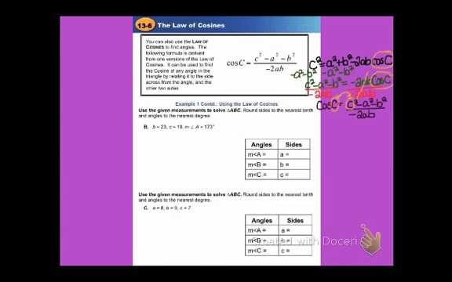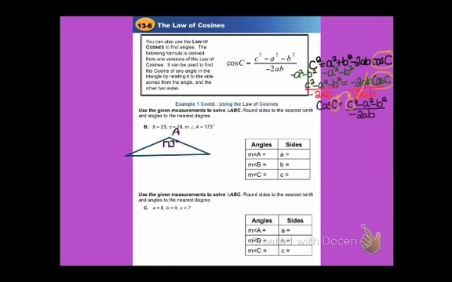So let's take a look at how we might incorporate this into a problem similar to the one we just did. Now, it's not really necessary to have a drawing to go with all of these. It might feel helpful to you if you want to draw one, just to get an idea of what everything looks like. So maybe something like this. I had to make this a really extreme triangle because angle A had to be 173 degrees, so it was a really big angle in this triangle.